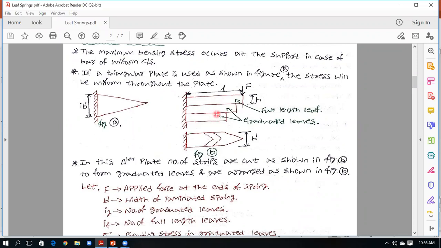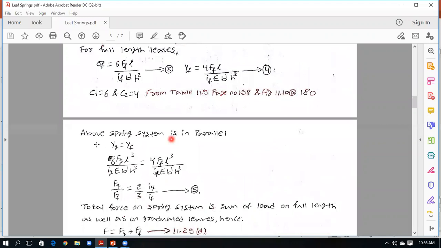This type of arrangement is called parallel. Whatever deflection you see in the full length leaves will be the same as that of the graduated leaves. Therefore, the above spring system is in parallel. Deflection in graduated leaves is equal to deflection in full length leaves.